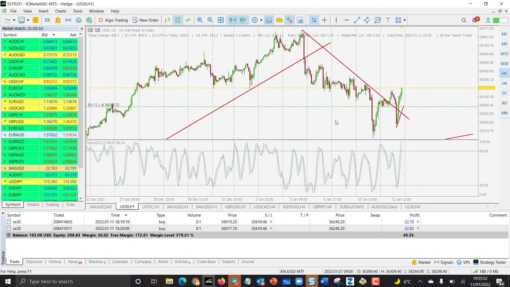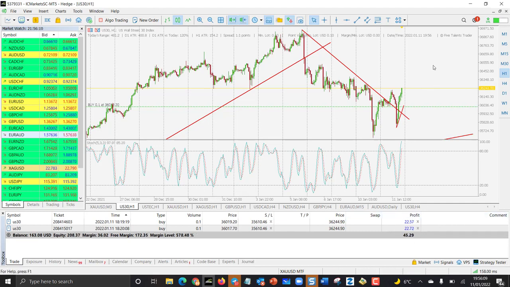And it is even the same case below, where the blue line is the one that also comes to break the orange line on the downside.